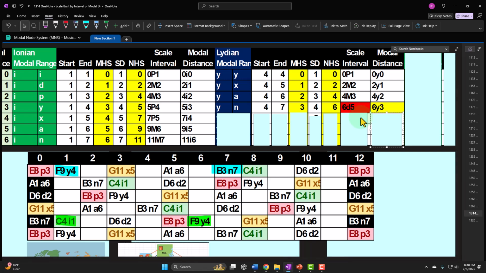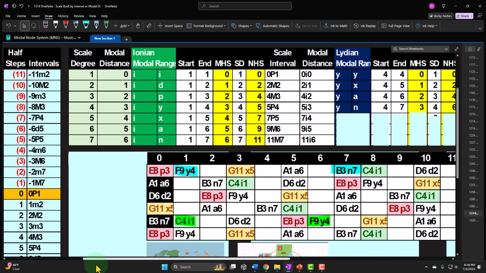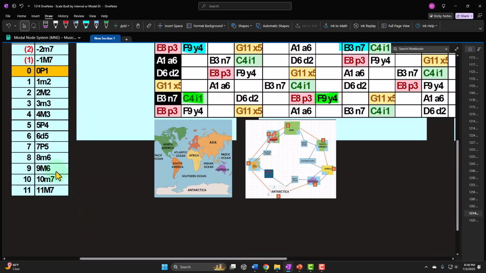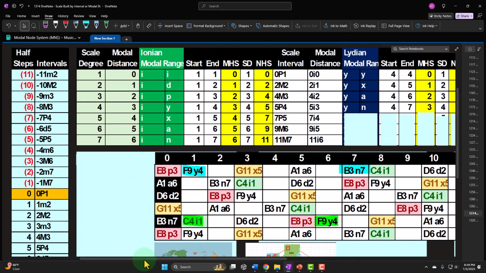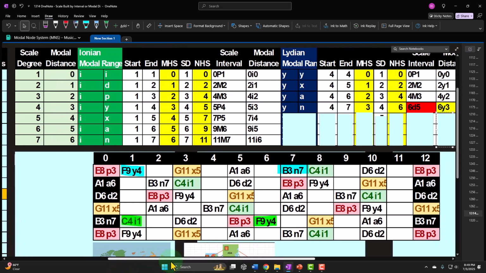Now, why is this happening? This is happening in part because, remember, they had to make this 7 perfect. They didn't have to, but that's what they did, which means that the one below it couldn't be a minor. They had to come up with another name, which they came up with a diminished 5th or an augmented 4th, and it's all kind of messy there.